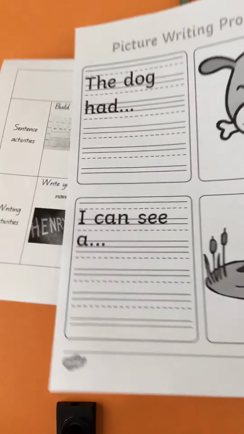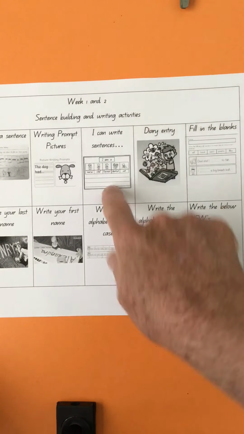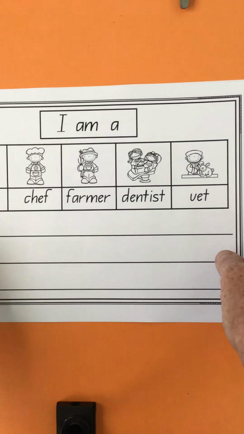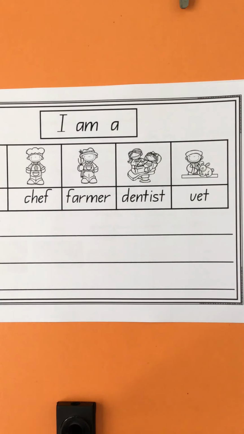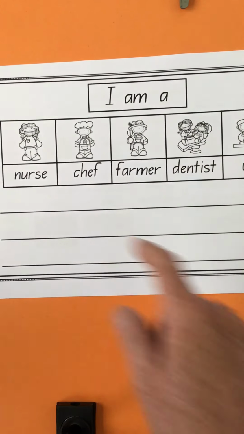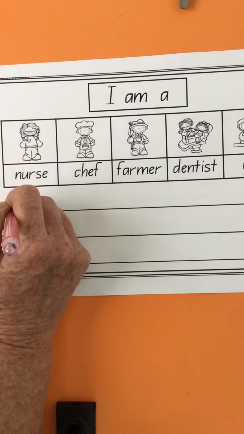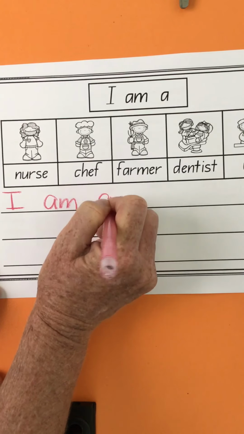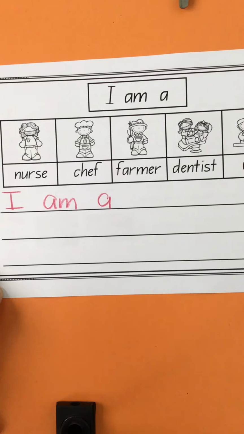The next one on our list is I can write sentences. Again, you're looking for a PDF called I Can Write Sentences. They start by writing I am a, and then they choose one. So they copy that, and then they choose.